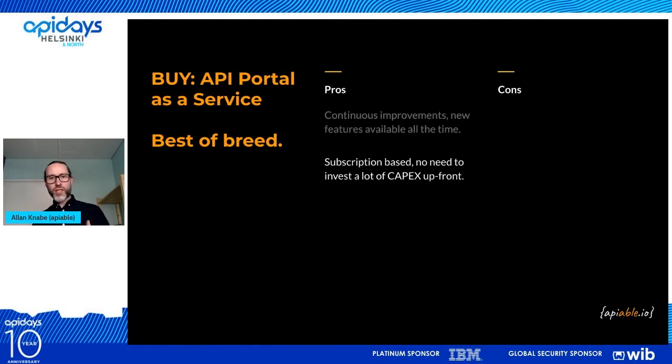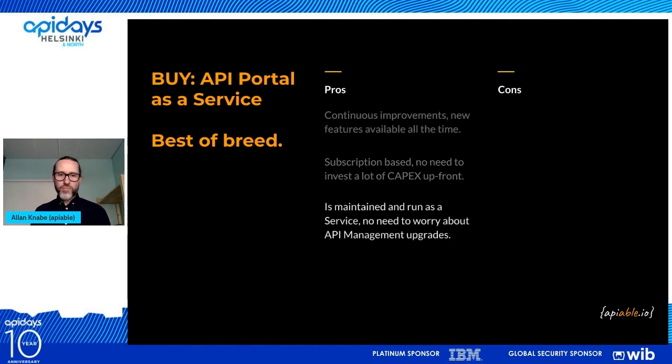You don't need to invest a whole bunch of capex up front, like I just mentioned. If you're going to have a bespoke portal, you need to have a lot of capital. But here, if it's subscription based, you might not even notice it go out. It's run as a service, so you don't need to worry about API management upgrades. So you can sort of trust the vendor that they're taking care of that.